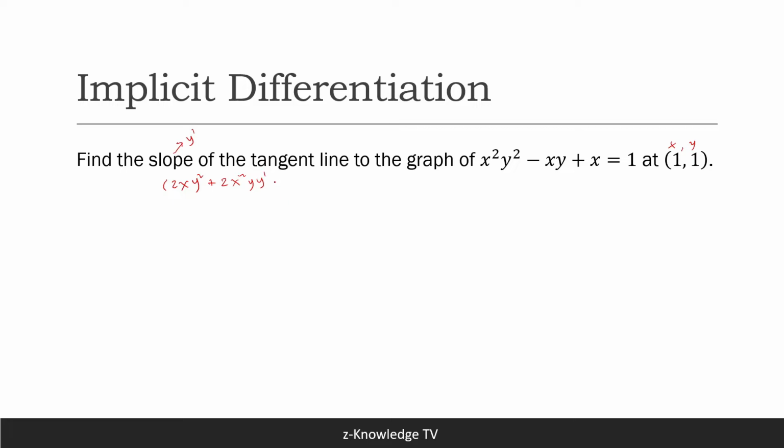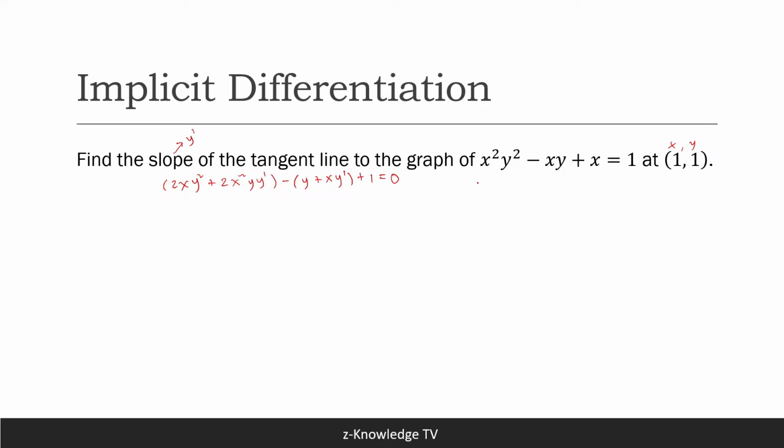Then, minus (y plus x y prime). Plus, derivative ng x is 1, is equal to 0. Derivative kasi ng constant is 0.